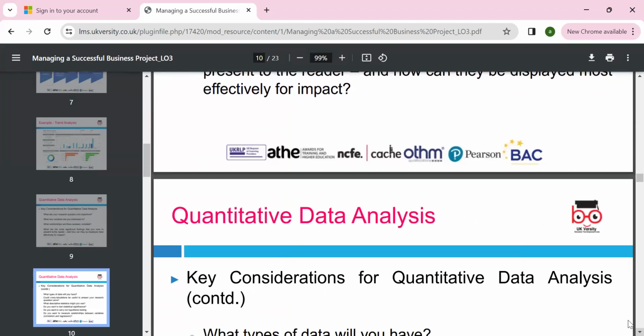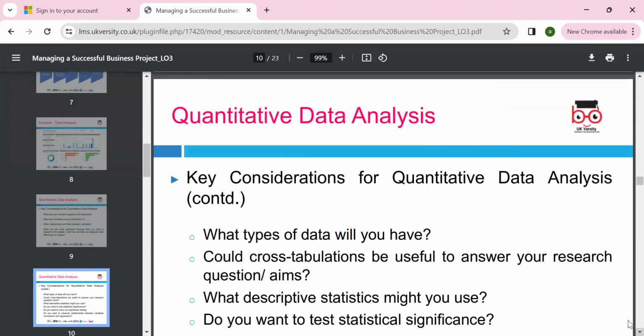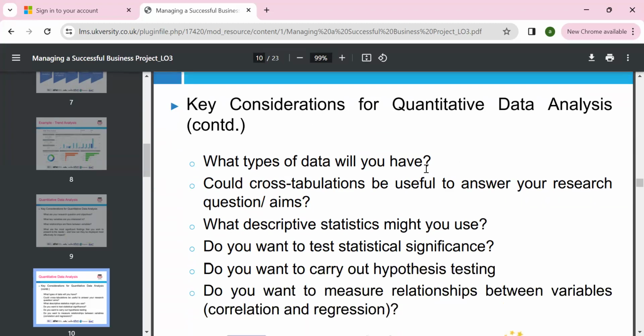What type of data will you have? Could cross-tabulation be used to answer your research question? Okay, guys, let's look at these key points and then we'll discuss.